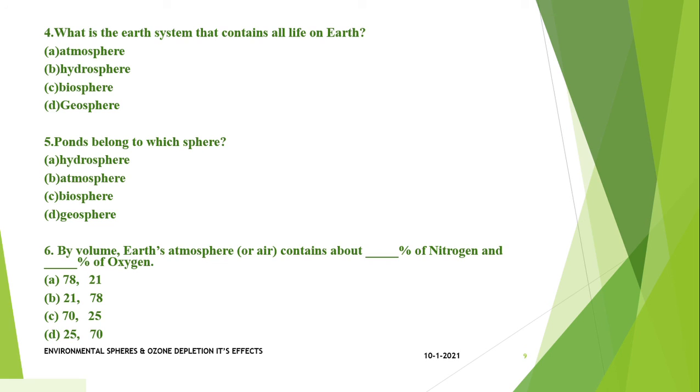By volume, Earth's atmosphere or air contains about blank percent of nitrogen and blank percent of oxygen. A. 78 and 21, B. 21 and 78, C. 70 and 25, D. 25 and 70.